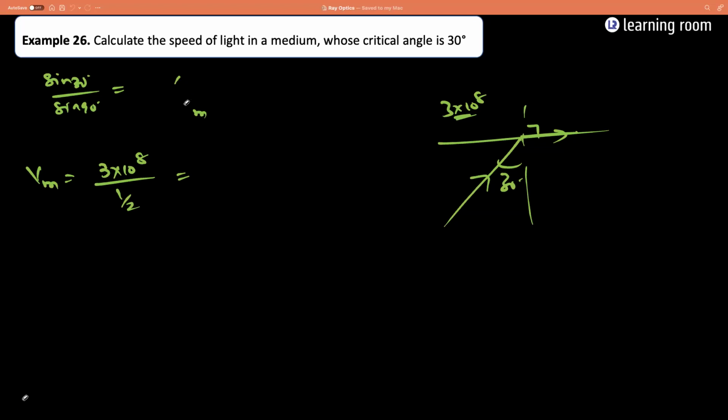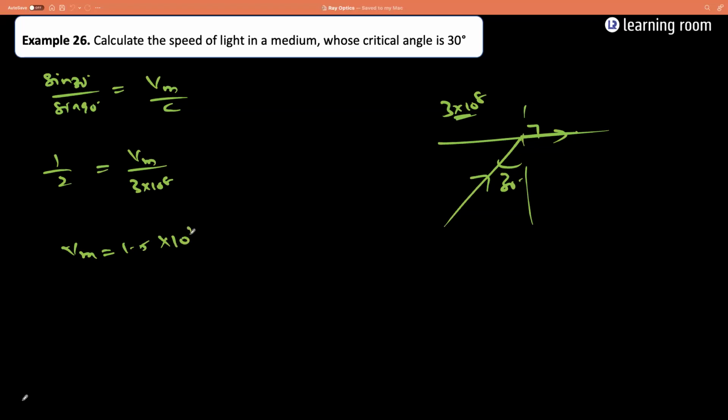Correct. So it should be Vm divided by C. So Vm divided by C, half, is equal to Vm divided by 3 into 10 power 8. So the answer will be 1.5 into 10 power 8 meter per second. It is exactly half.